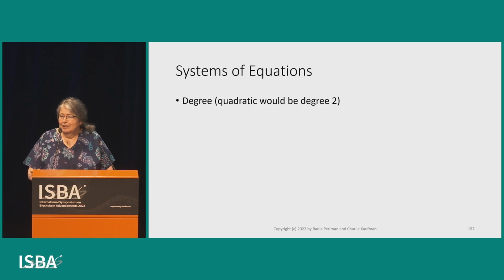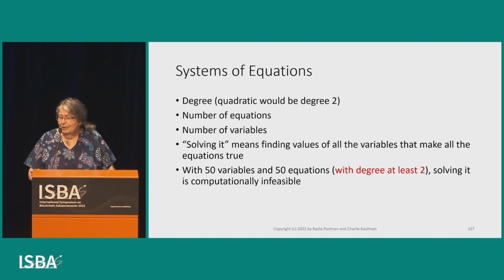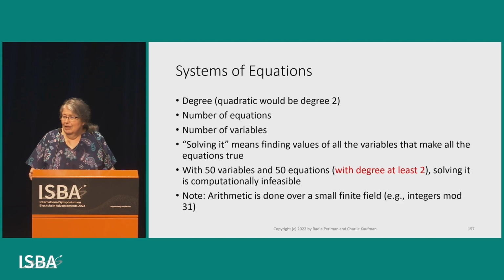So for systems of equations, what matters is the degree, so if it's quadratic, it would be degree 2, how many equations there are, and how many variables there are. Solving it means finding values of all of the variables that make all the equations true. So if you have 50 variables and 50 equations where the equations are degree at least 2, solving it is computationally infeasible. And again, arithmetic is going to be done over some small finite field.